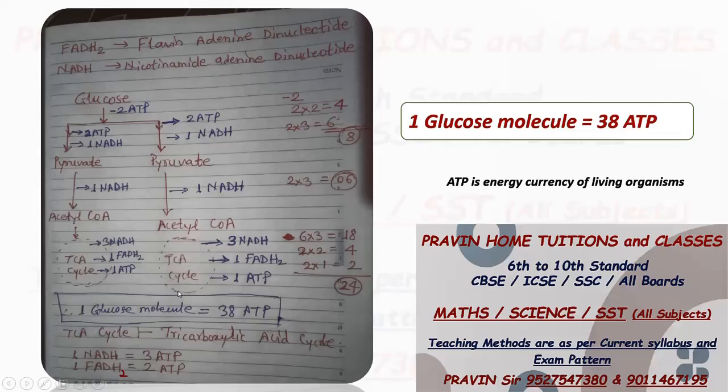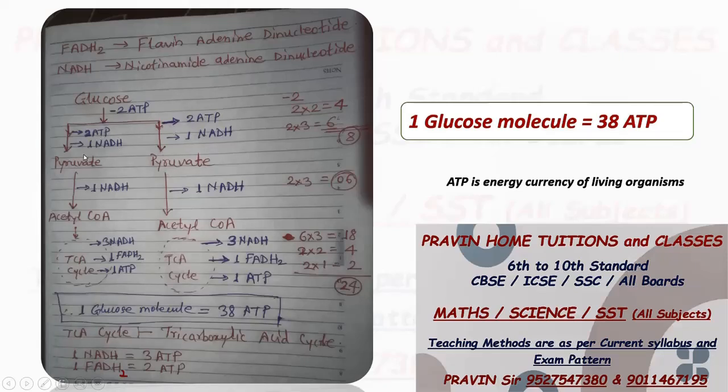And from these chemical reactions, these are the energies generated. That is, three molecules of NADH are generated. One molecule of FADH2 is generated. FADH2 means flavin adenine dinucleotide. This is also energy molecule. And one ATP is generated.